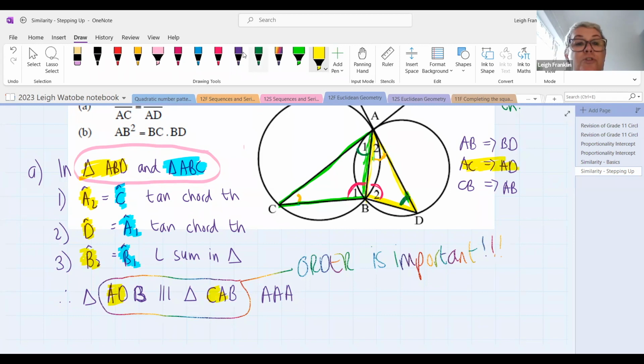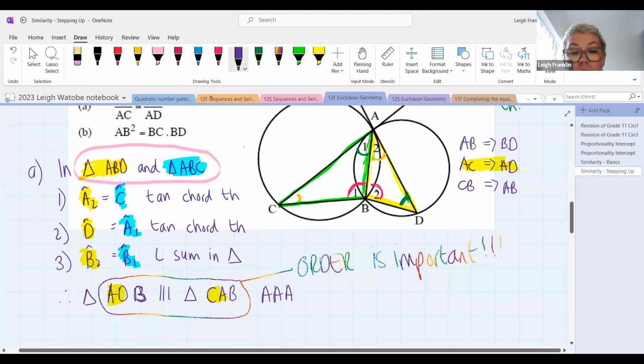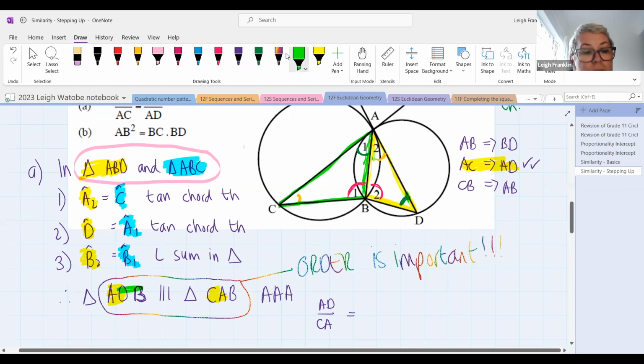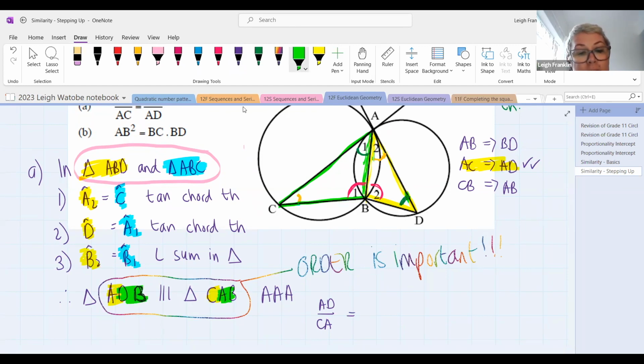Yes, so the first two letters AD over the first two letters CA, AC, it doesn't matter. You told me that. That's perfect. Now have a look at the second two letters. I'm going to use green now. There's DB and there's AB.